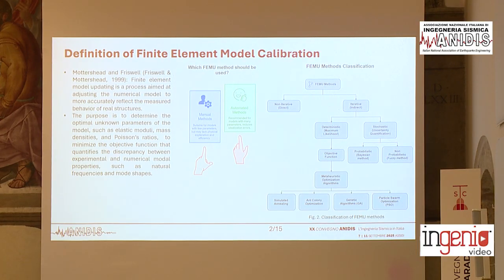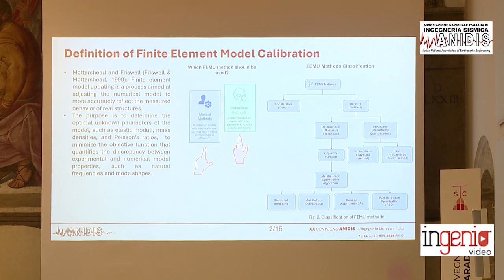meta-heuristic algorithms. In general, finite element model calibrations are divided into two main groups: non-iterative or direct methods and iterative or indirect methods. In the direct method, the structural stiffness is updated directly, and it's not a repetitive and iterative method.